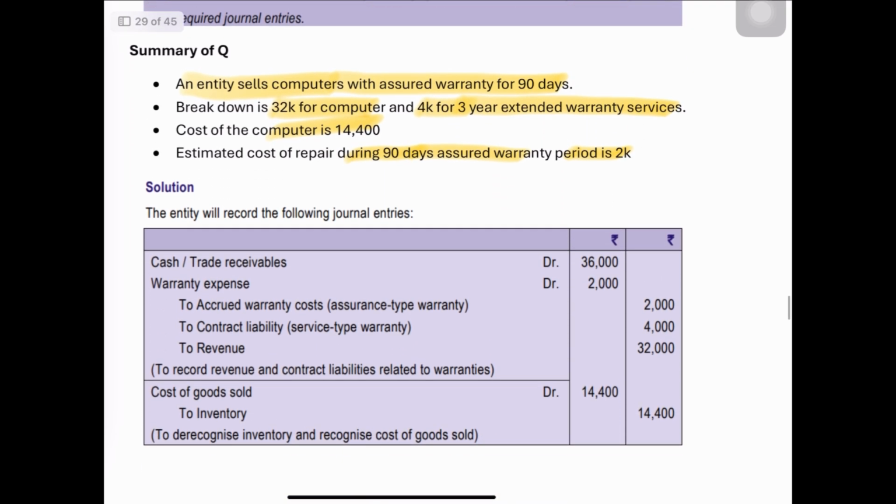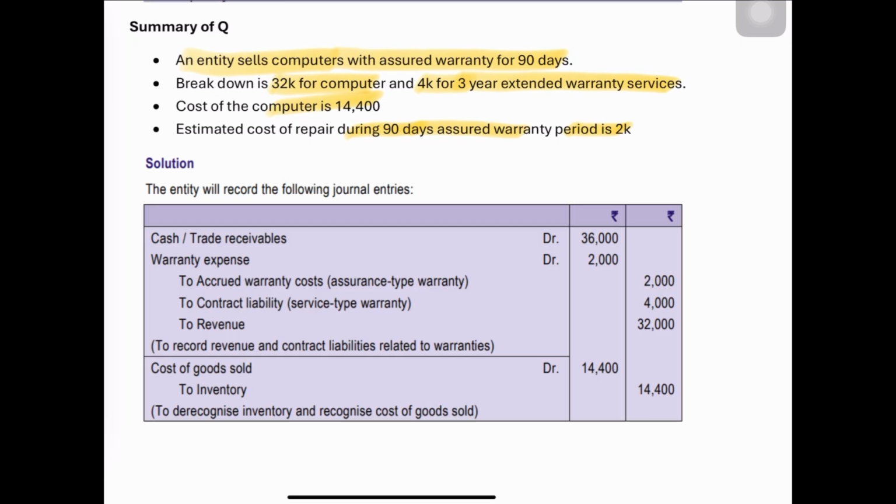So let's see what the journal entry to be passed. Here cash is collected for 36,000 rupees, so you can debit the cash account. And the estimated warranty expense for the first 90-day warranty is 2,000 rupees, for which you are also creating the warranty liability, accrued warranty cost.